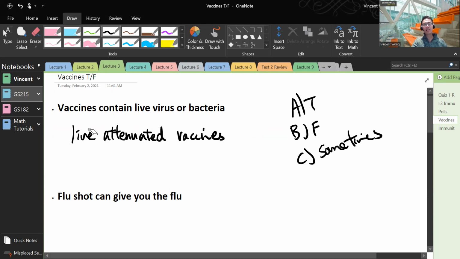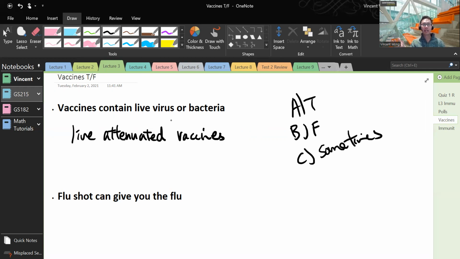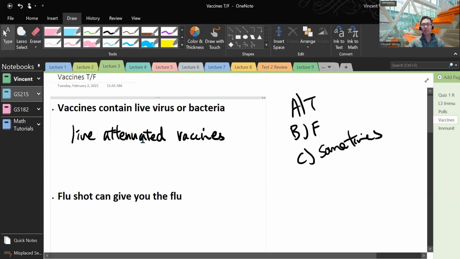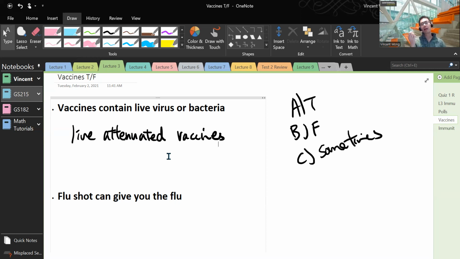These tend to be the most effective type of vaccine because they are the actual virus or bacteria that is causing the disease. So they're the closest one to the natural version, but they have been attenuated, meaning weakened, or inactivated so that they're no longer going to cause the disease, but they are still alive, and they're the best one to use to educate your immune system.